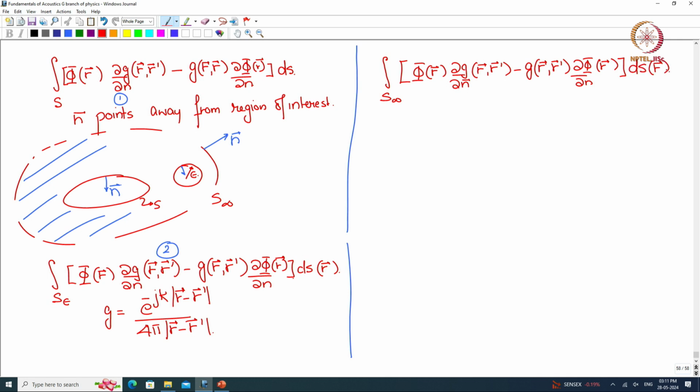Okay, because ds, the surface element, carries theta, phi and r at infinity. So in this case r shall go to infinity. In this case epsilon goes to 0.